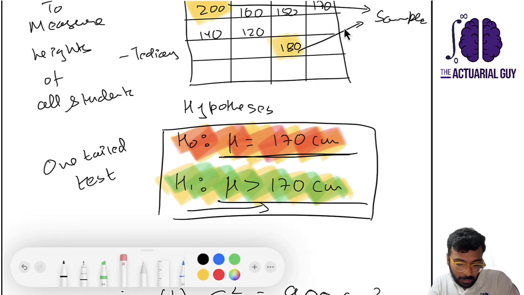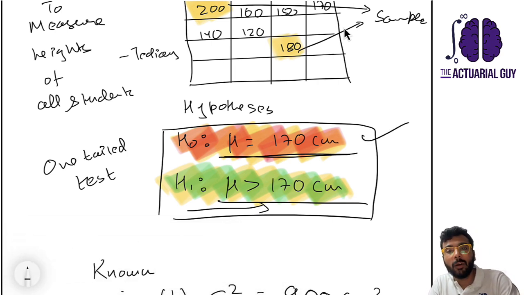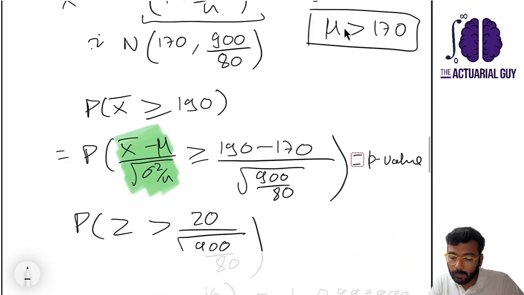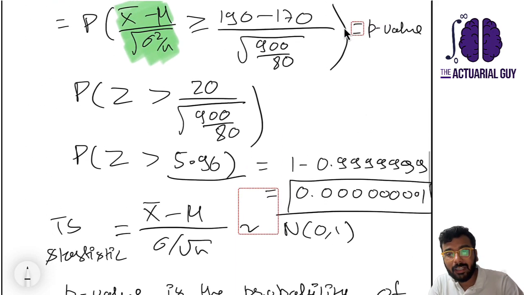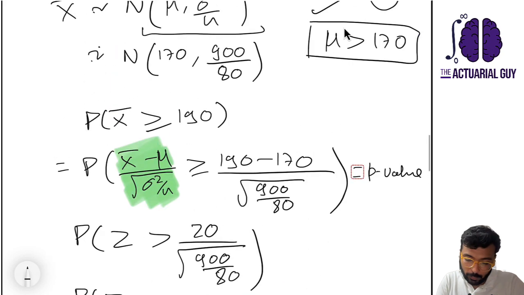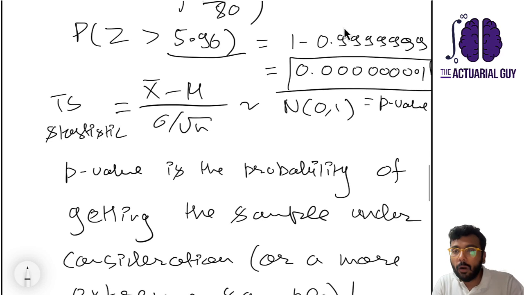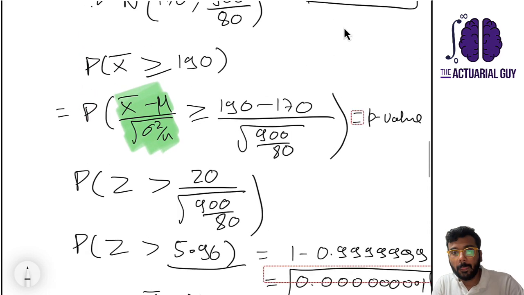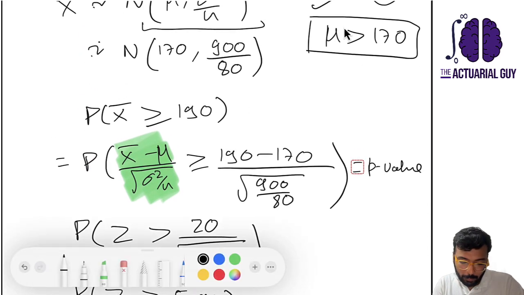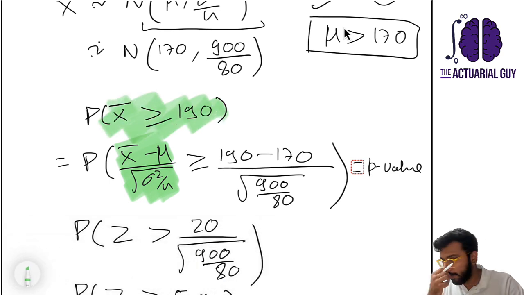Now we have done this intuitively. Let's think about it formally. What would this probability really be? This is your p-value, or probability value, which is the probability of getting a sample, whatever sample mean you have gotten, or a more extreme sample.